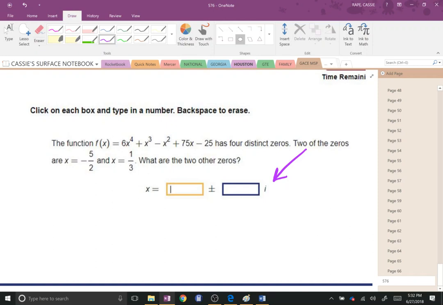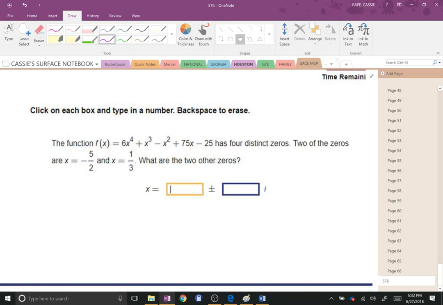And so basically the only way I can do this is based on these zeros that I do know. I'm going to need to divide them out of that function, and keep in mind, if I've got two zeros, that's going to bump this down to a quadratic after I divide, and that is something then that I could put into the quadratic formula.